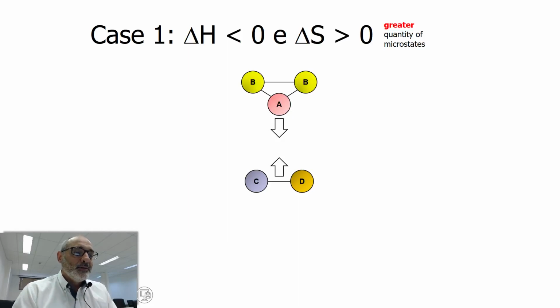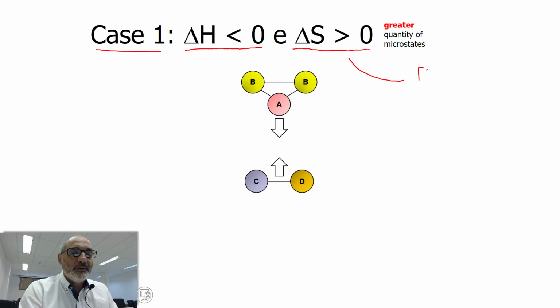In this case, we're assuming that the process is exothermic, it's releasing heat. So that's one thing. And also the process's entropy increases, meaning that the level of disorder increases.